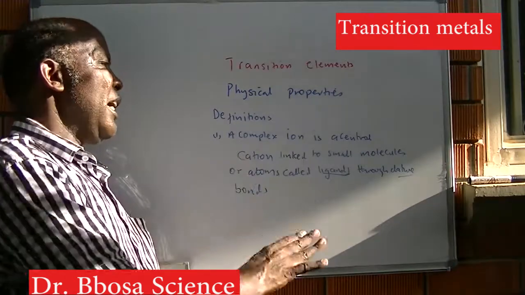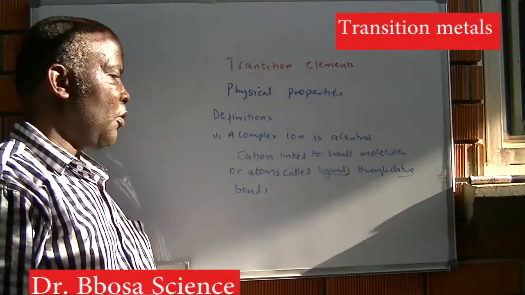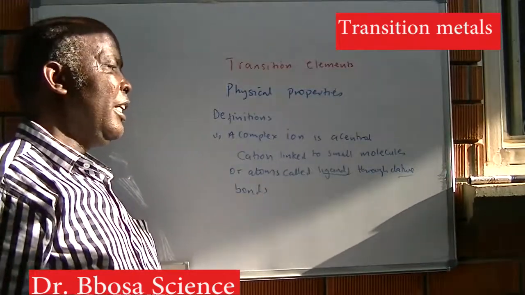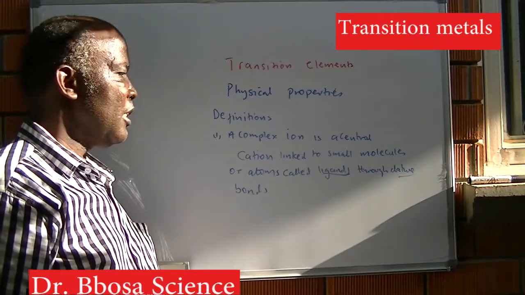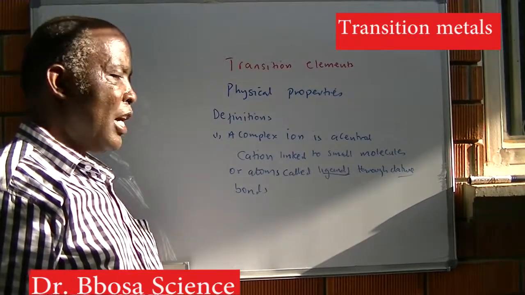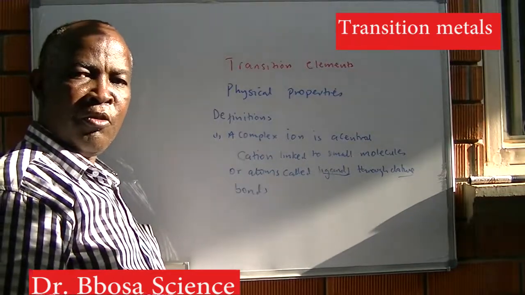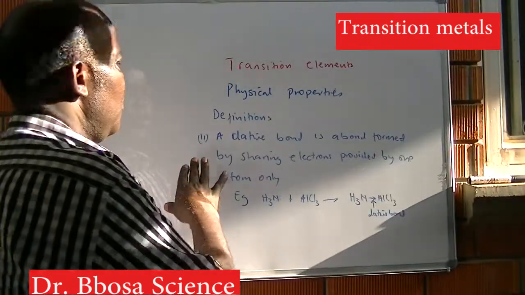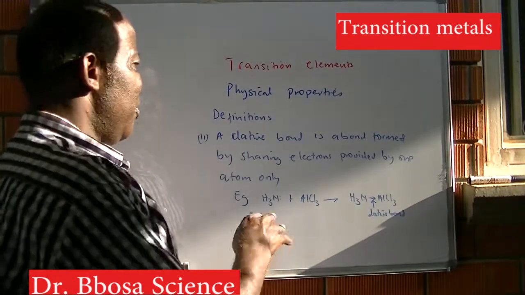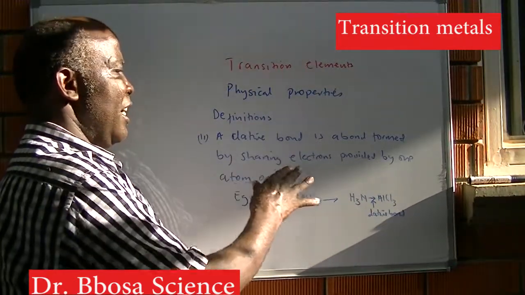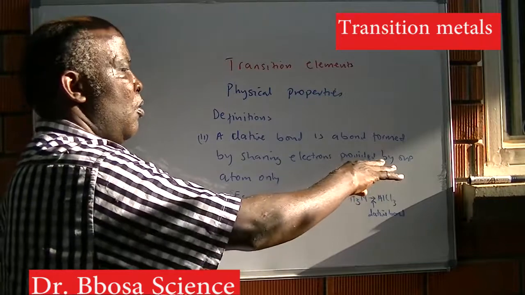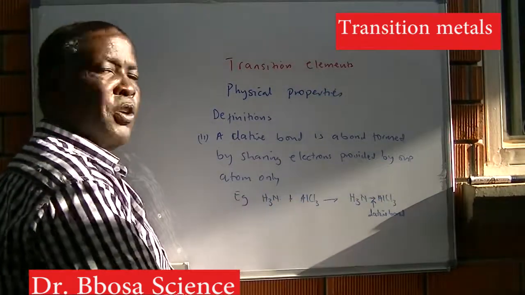A complex ion is a central cation linked to small molecules or atoms through dative bonds. A dative bond is a bond formed by sharing electrons provided by one atom only.